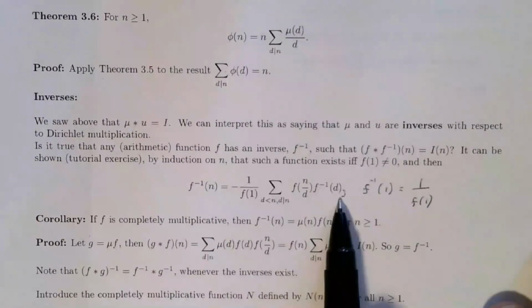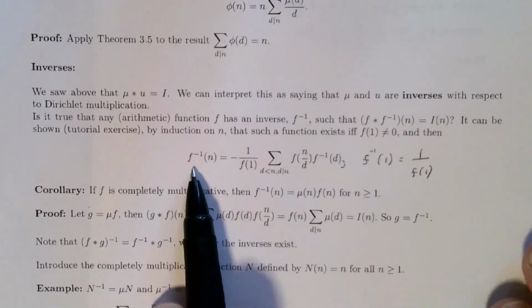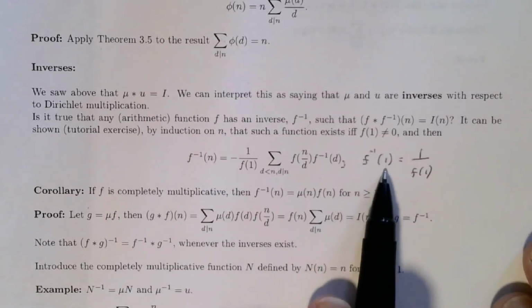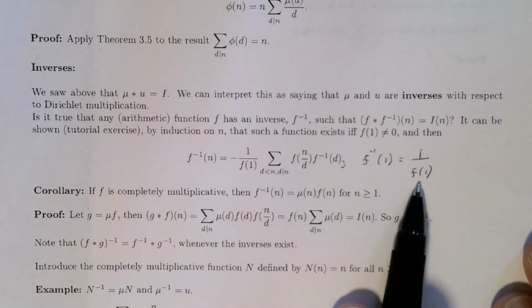Now, it's left really as a tutorial exercise to fiddle around with this and show this works. This formula here is giving me a recursive way of constructing and defining the inverse function to a given arithmetic function. It says we firstly have to define f inverse of 1 to be 1 over f(1).